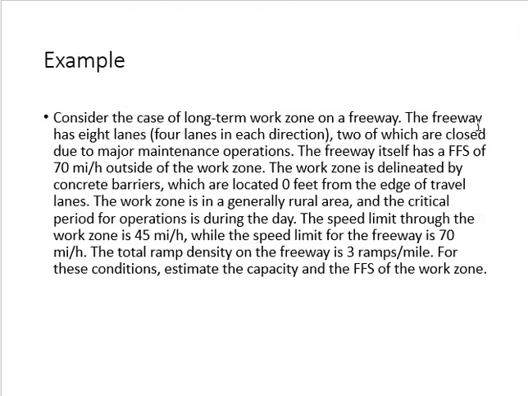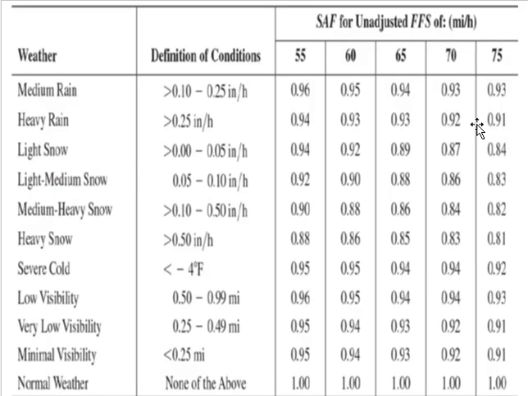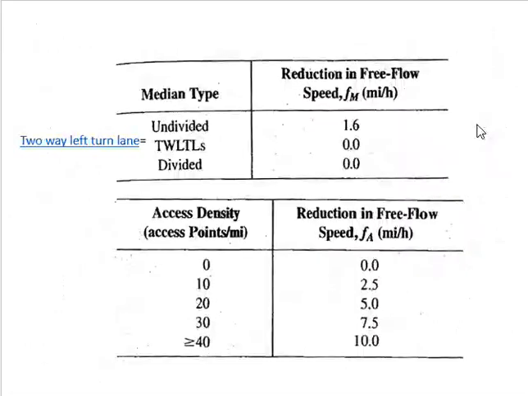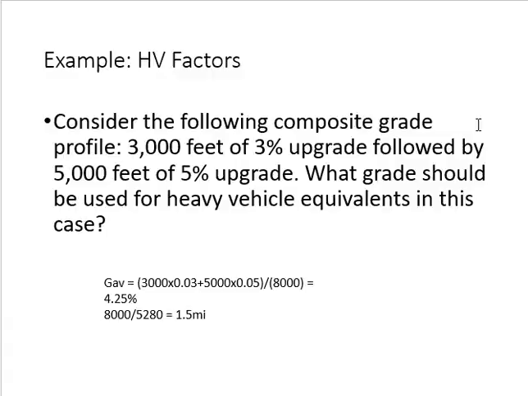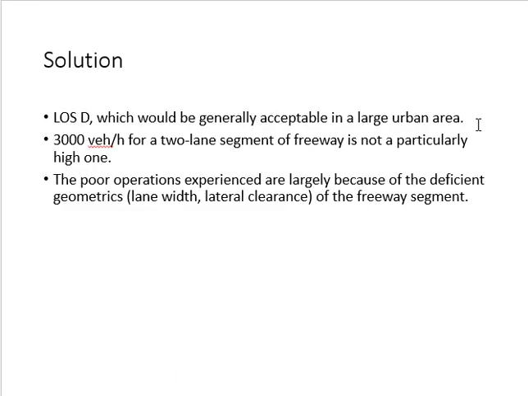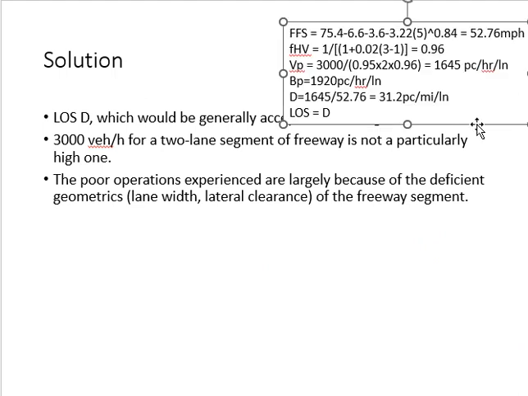This was one part of the question. Now, if I look at the flow rate, our speed is free flow speed, right? Free flow speed is something good or bad? Good.